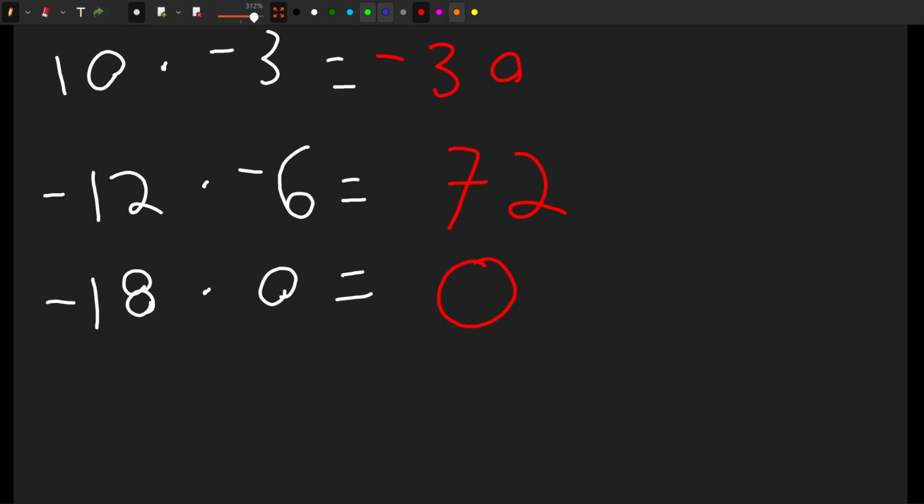Actually, sorry, I was thinking about this as division. If you think about it as multiplication, you're saying, let's take 0 and add it to itself 18 times. So you would have 0 plus 0 plus 0 plus 0, and eventually you get 0. Additionally, if this was flipped, you can also have 0 times negative 18, which means let's take negative 18 0 times. And since you take it 0 times, that just leaves you with 0.